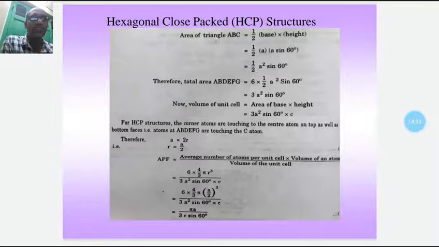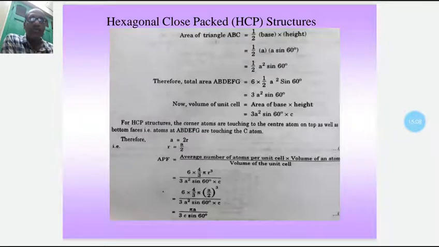Now the average number of atoms per unit cell in the HCP structure: 12 corner atoms are there at the bottom face and upper face, divided by 6 for a hexagonal structure, that is 2. Face atoms are divided by 2, and there are interior atoms. There are 3 interior atoms and 2 face atoms equivalent to 1, that is 4. So in total 6 atoms are there.